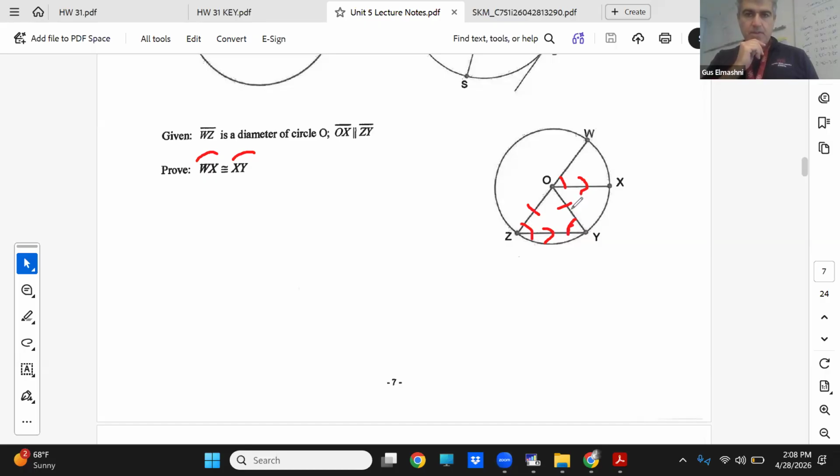OX. Oh yeah, I do know that WX is the same as ZY. Let me clear this. All of the sides of WX and ZY are radii, so they're the same. So I know that. Oh yeah, yeah.